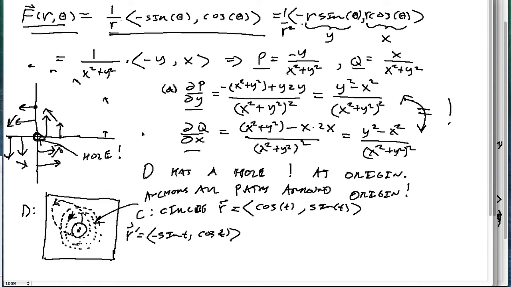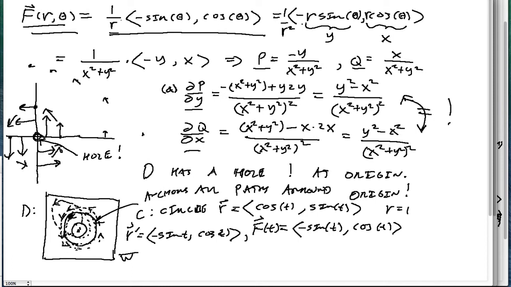So along this unit circle, f of t is going to be, well, the radius is 1, so r is equal to 1, and the theta we can think of as being t, so our vector field over that point is going to be negative sine t, cosine t.